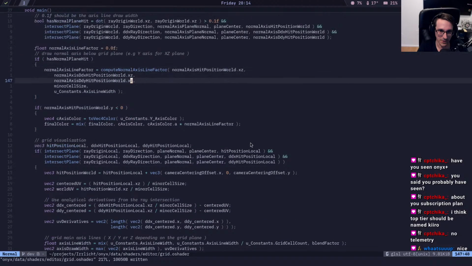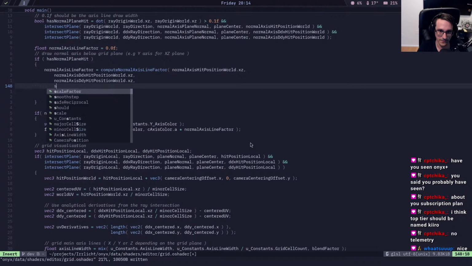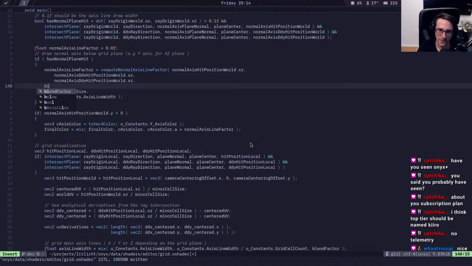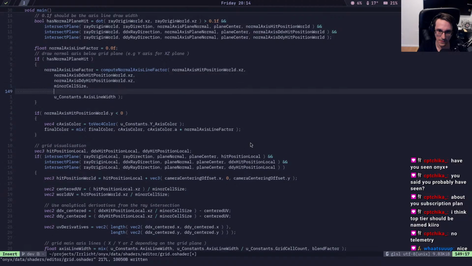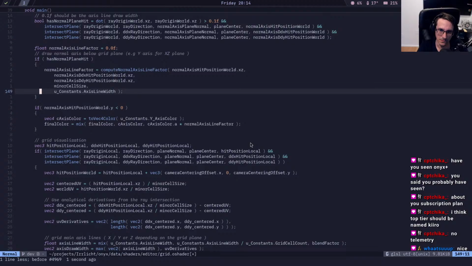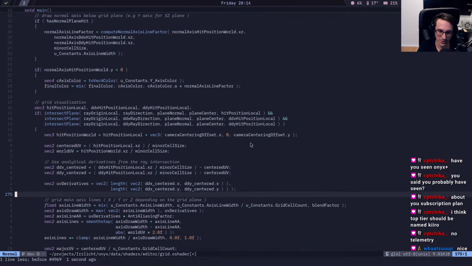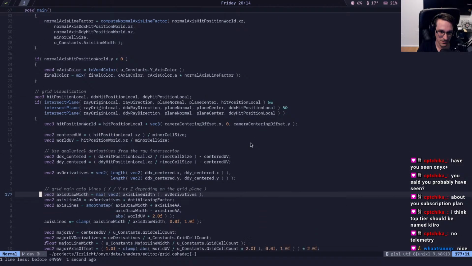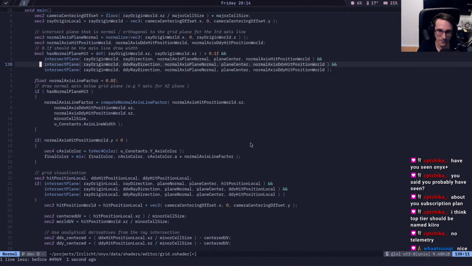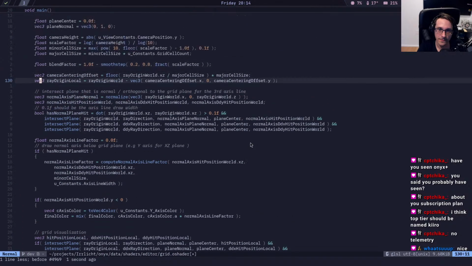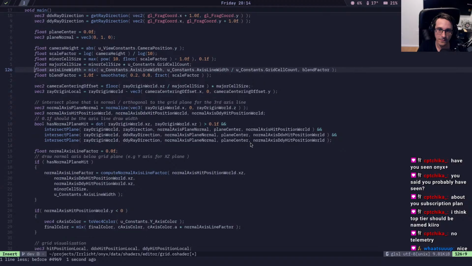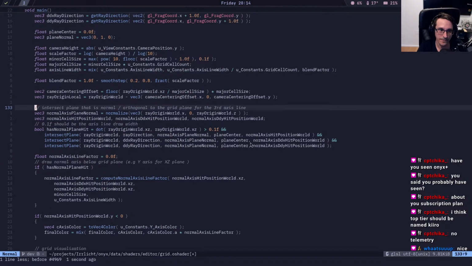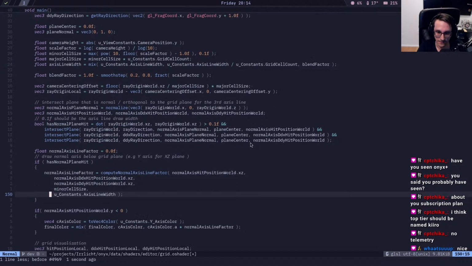For that we give it again the scale blend factor, I guess. Well, actually we could probably just do that up here. And then here.